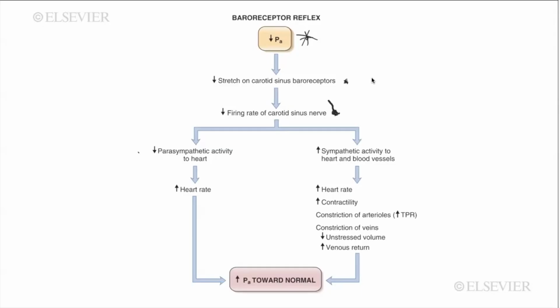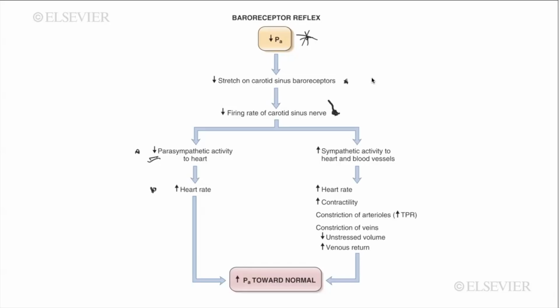One is a decrease in parasympathetic activity to the heart, whose primary action is going to be to cause an increase in heart rate. Remember, parasympathetic on the SA node slows heart rate, so if you have a decrease in parasympathetic activity to the heart, which means in this case the SA node, there will be an increase in heart rate.